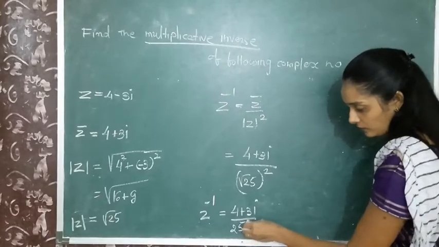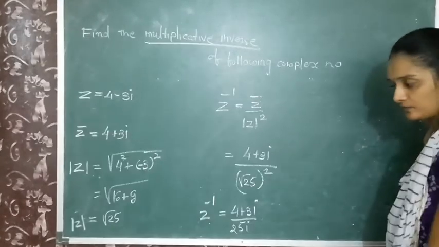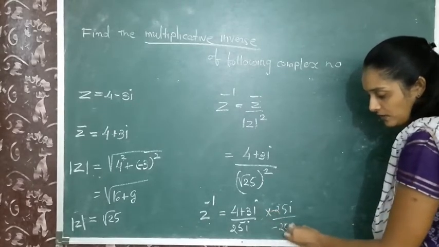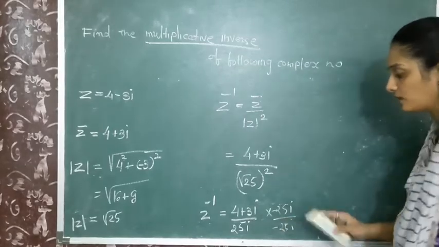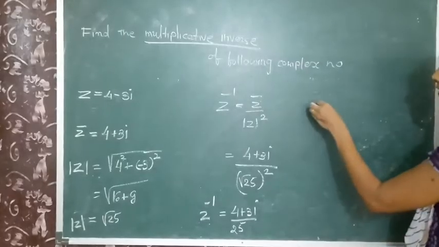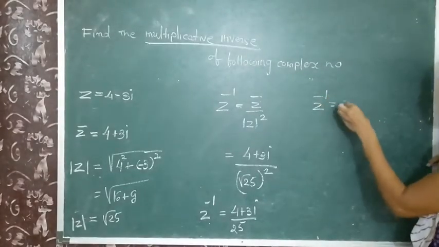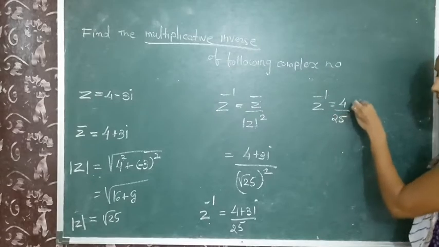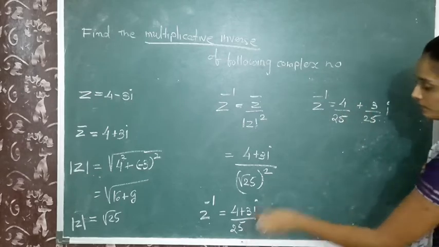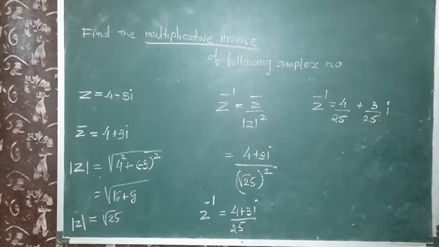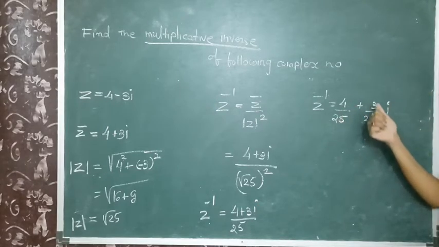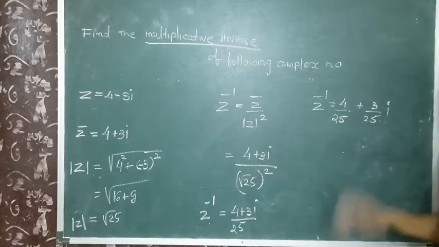If here we had 25i, then we would have to do the next step, multiplying by minus 25i. In short, if real numbers come in the denominator, there is no need to take the conjugate. So we can write our answer giving individual denominators: 4 upon 25 plus 3 upon 25 i. So here the real part is 4 upon 25 and the imaginary part is 3 upon 25.